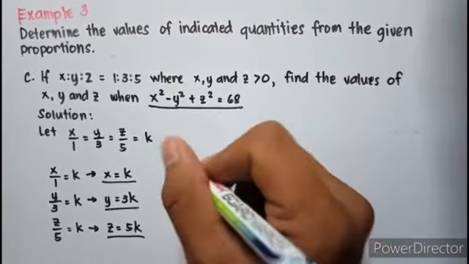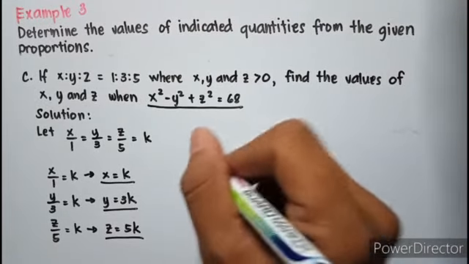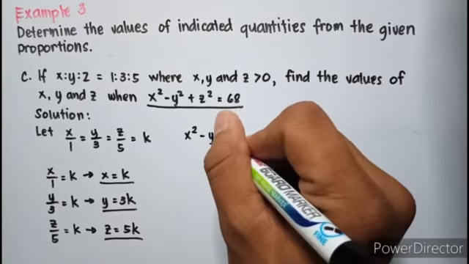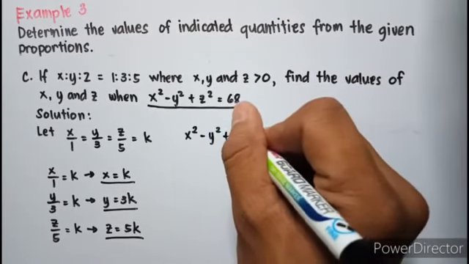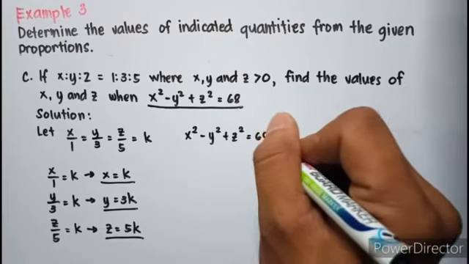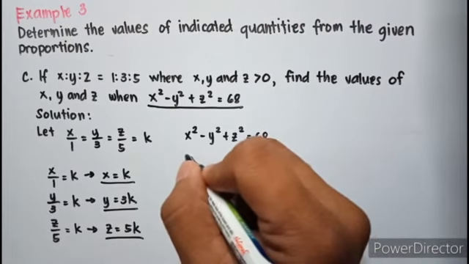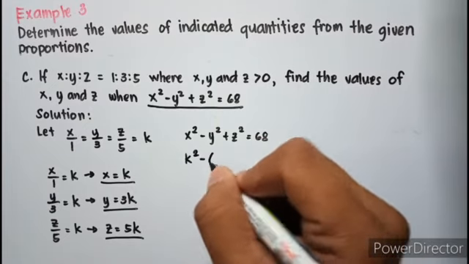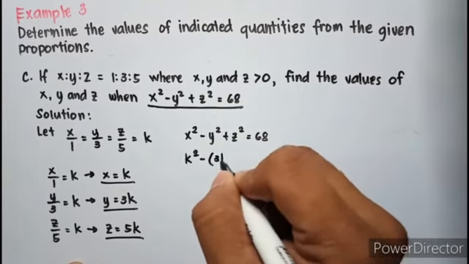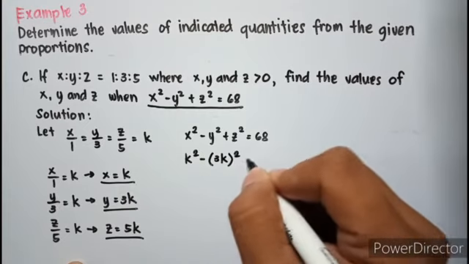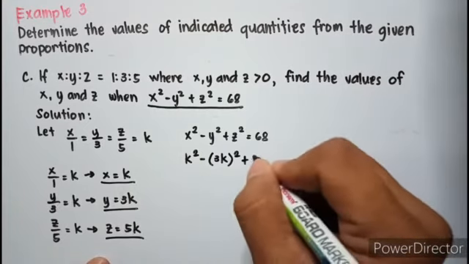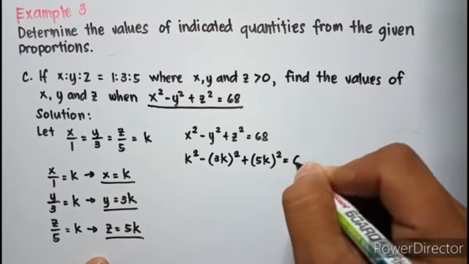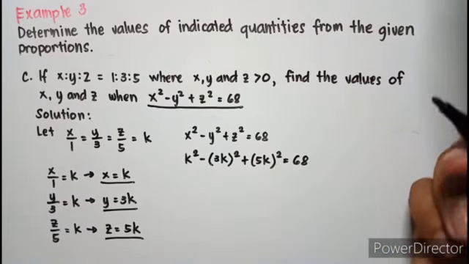So that will become x squared minus y squared plus z squared is equal to 68. Then substituting, that will become k squared minus our y, which is 3k squared, plus our z, which is 5k squared, is equal to 68.